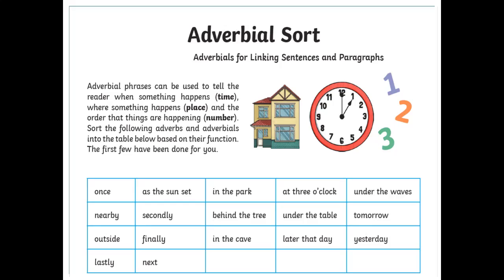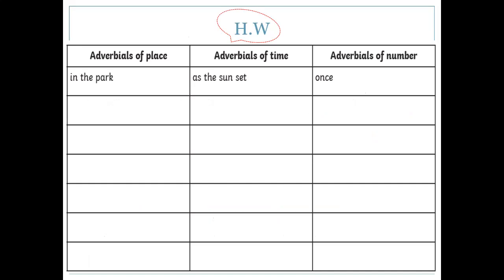So here I have once, nearby, outside, lastly, as the sun set, secondly, finally, next, in the park, behind the tree, in the cave, at 3 o'clock, under the table, later that day, under the waves, tomorrow, yesterday. So here you have this table. You are going to do it as homework. Fill in the adverbial of place, adverbial of time, adverbials of number.